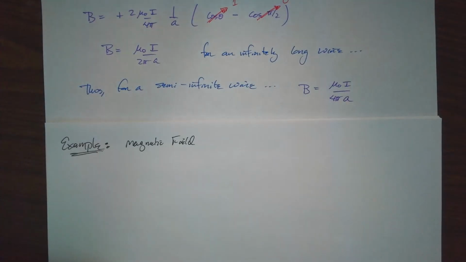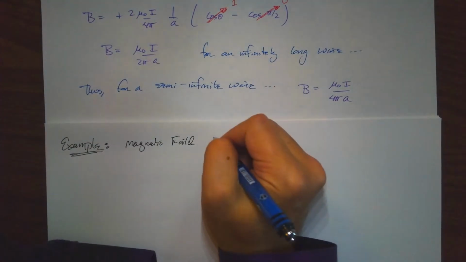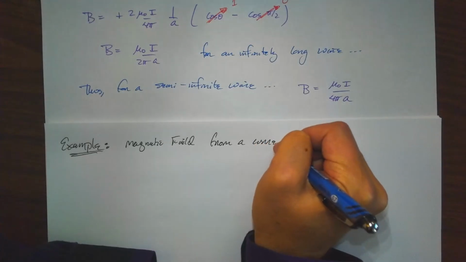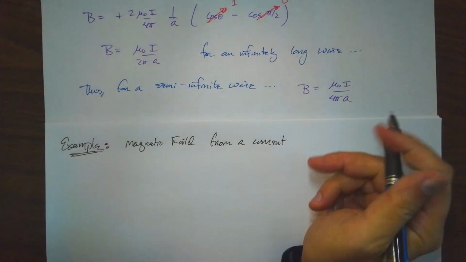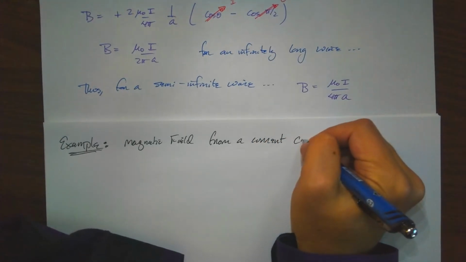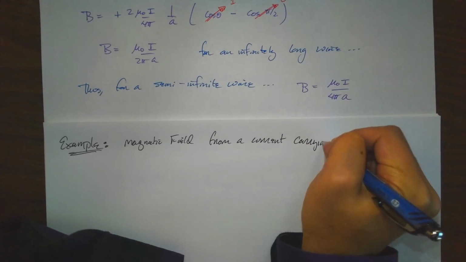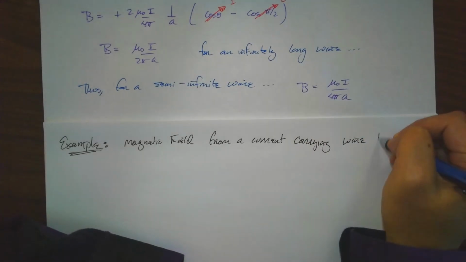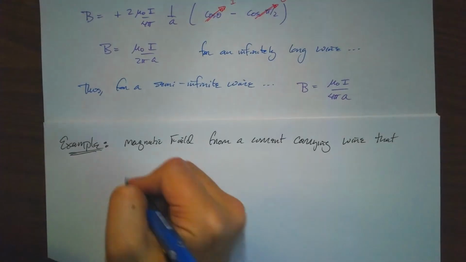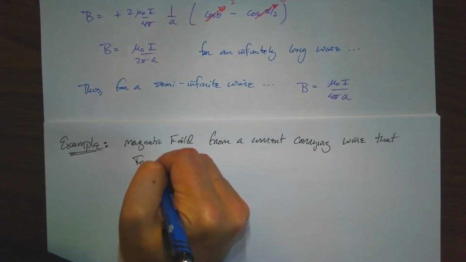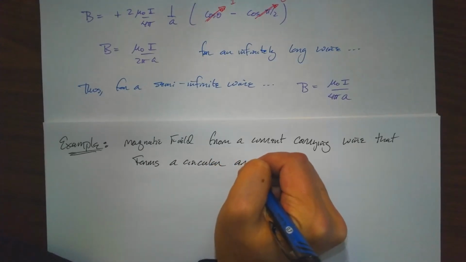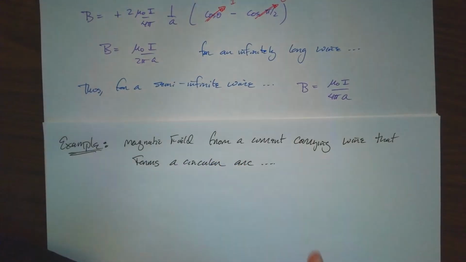So what we want is the magnetic field from a current carrying wire that forms a circular arc.